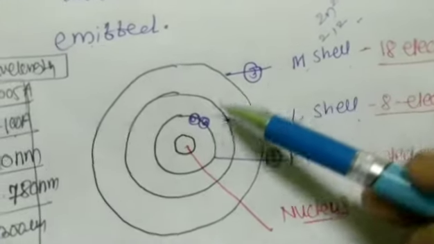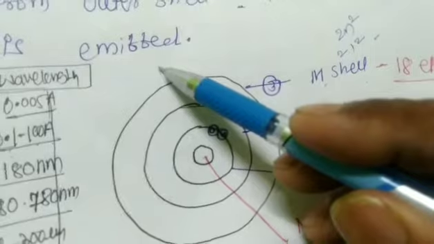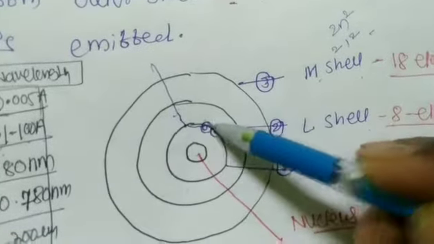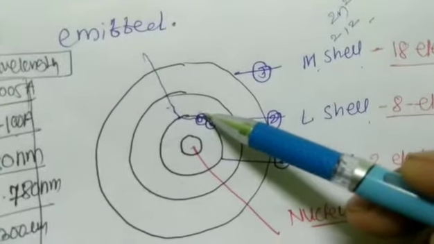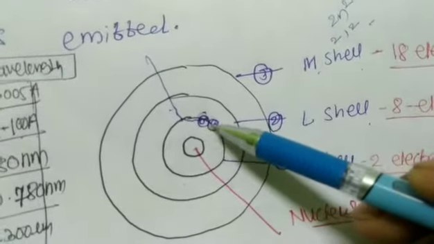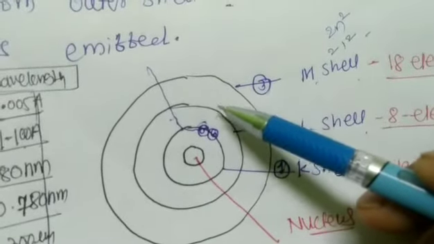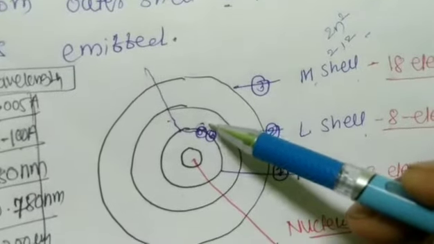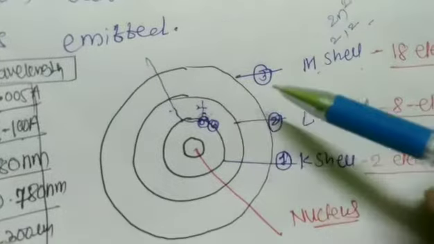When a beam of X-rays is bombarded on the electron of the K shell, it hits and ejects the electron from the K shell. So this electron is discarded.